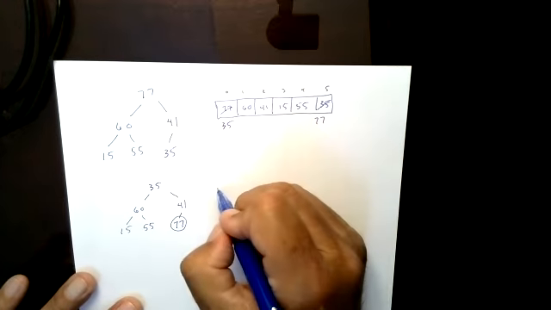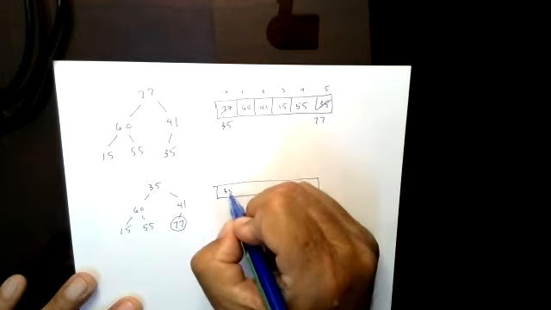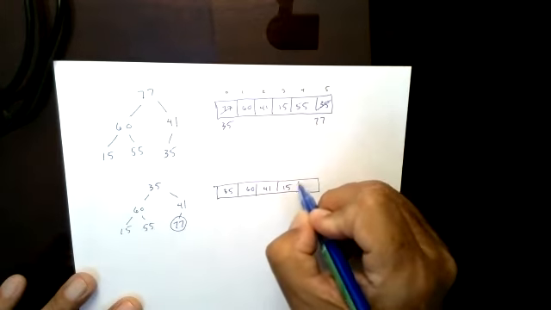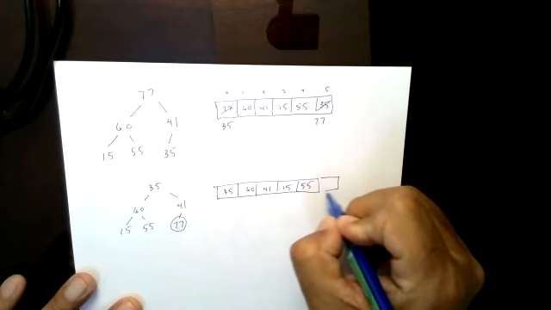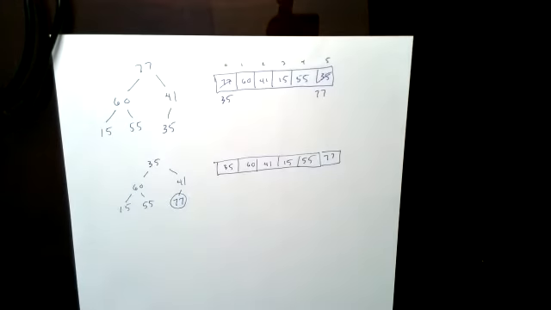I know by my array that that's 35, 60, 41, 15, 55, and 77. So in my world of getting it sorted, that's a great thing.